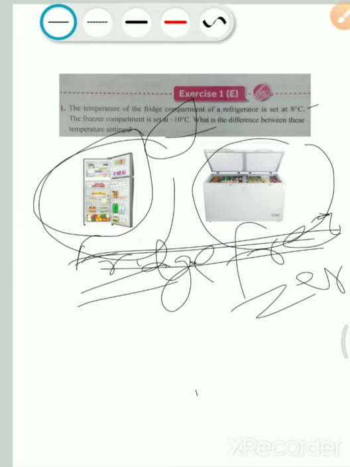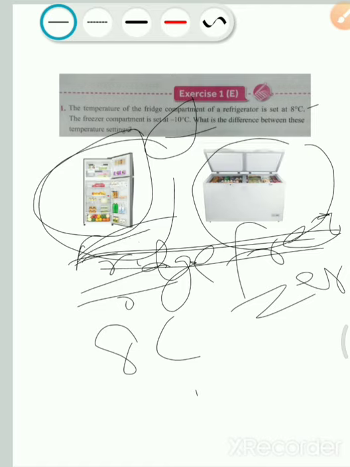So now see, the temperature of freeze compartment is 8 degrees Celsius. Okay, then one more thing, when you are keeping in freezer, the temperature of that freezer will always be less than 0 degrees.